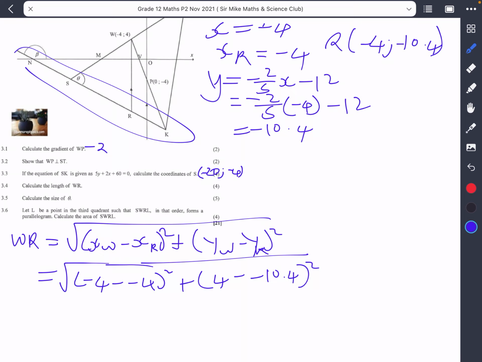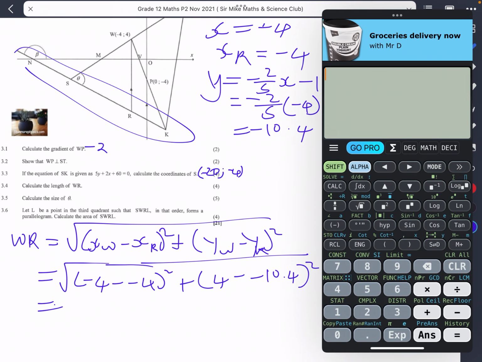So I'm just going to put that into the calculator and see the value we get. I can assure you the first part is already 0 there, so to keep this consistent, this would be 0 plus 4 minus negative 10.4, which we square, and you get a value of 14.4 units.